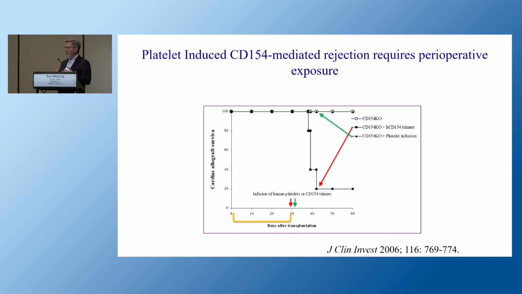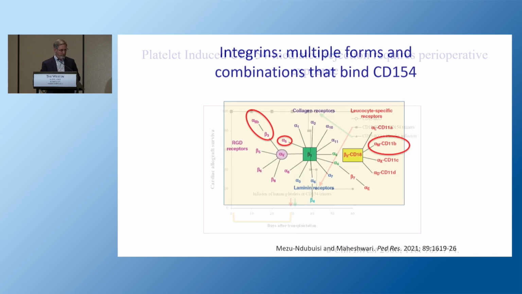So this points out that co-stimulation is not only a co-inhibitory and co-stimulatory pathway, but there are temporal relationships between when you see the co-stimulation and when the allograft rejection actually occurs, which likely means that co-stimulatory molecule blockade will be of different importance right at the time of transplant than it will be long term.